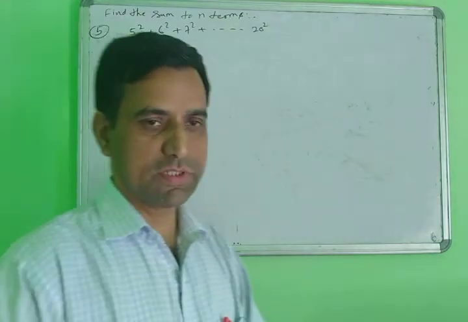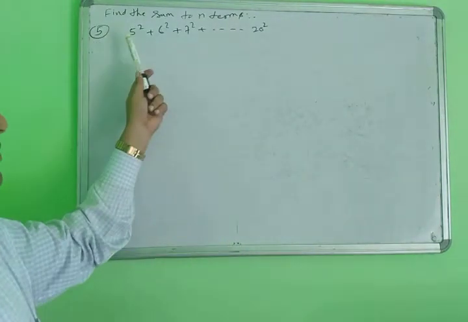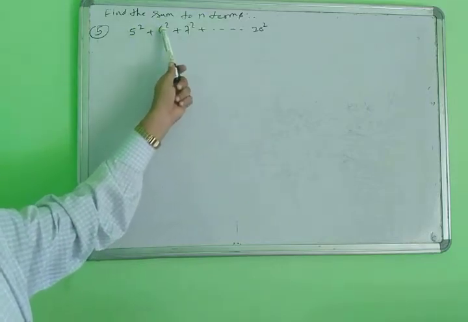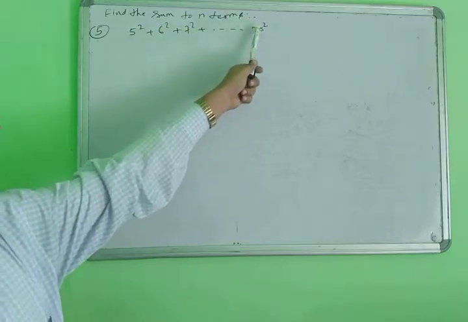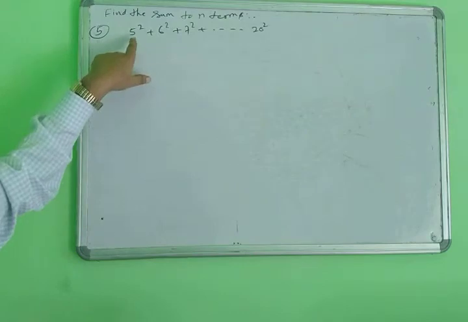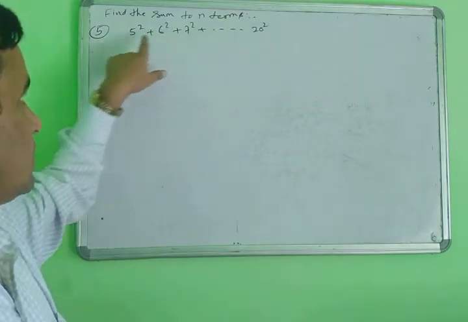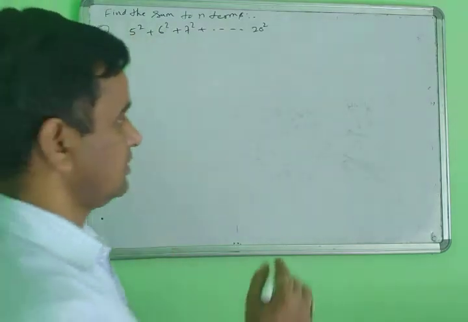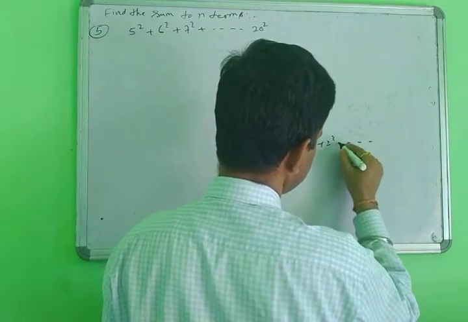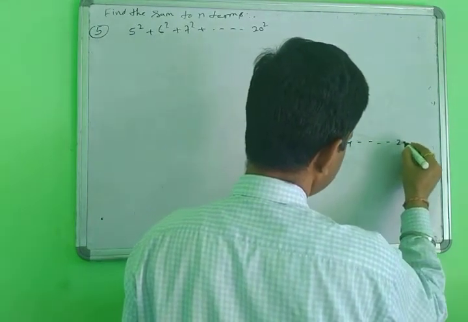Yes, the next question I am taking is question number 5. Find the sum of the n terms 5 square plus 6 square plus 7 square and so on up to 20 square. Check this series: it is not starting from 1 square plus 2 square plus 3 square, and so on.